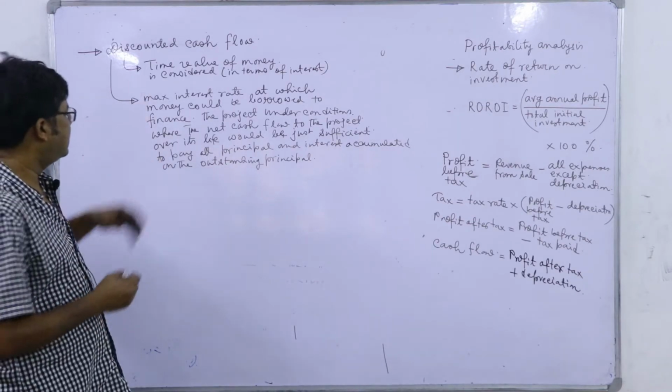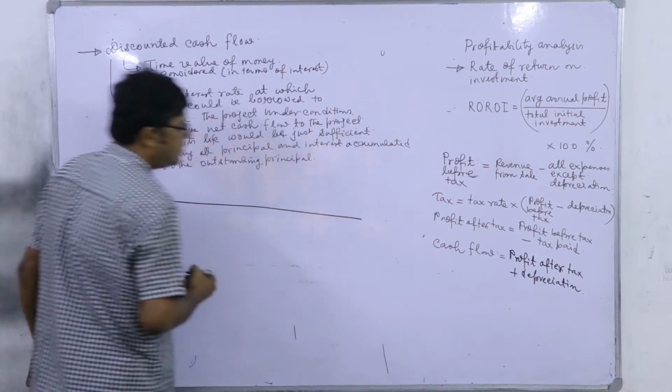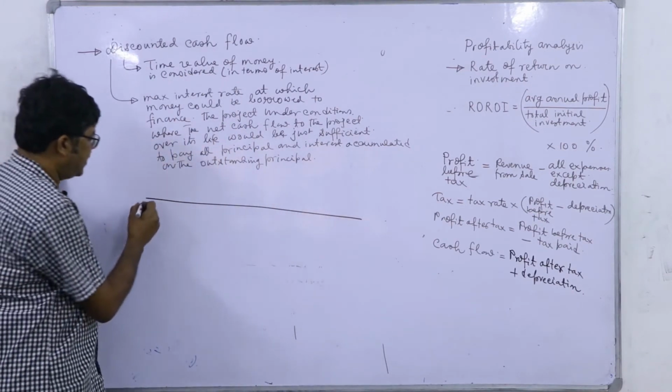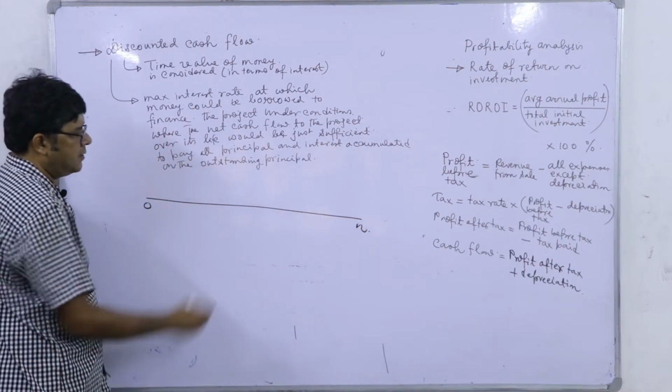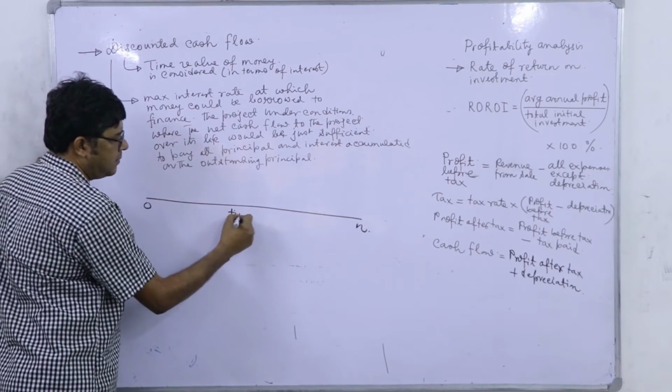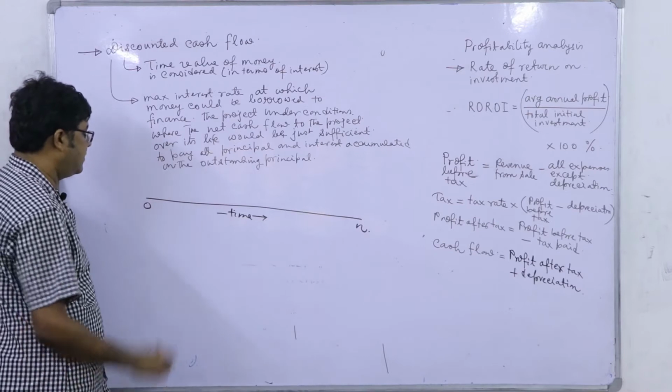Now, definition wise, it's fine. Now, how do you calculate? Say this is your timeline, 0 and n, the service lifetime, the life of the plant.